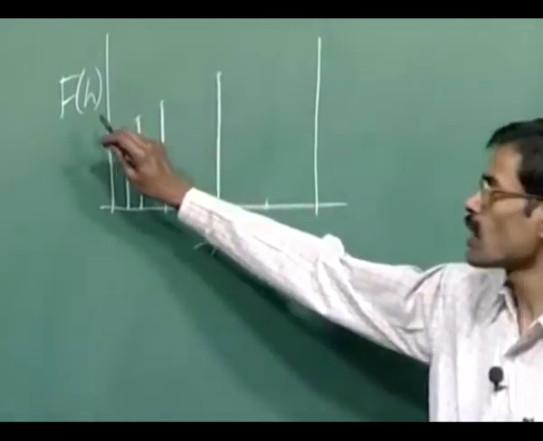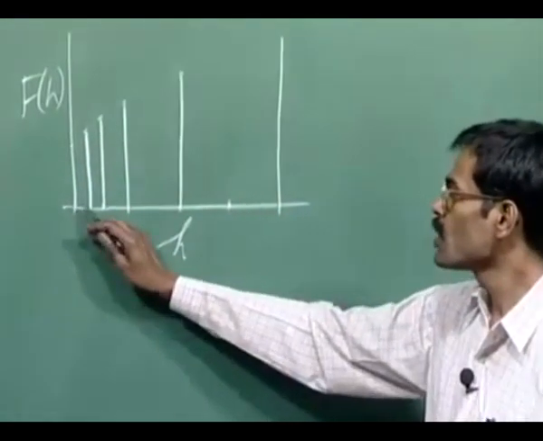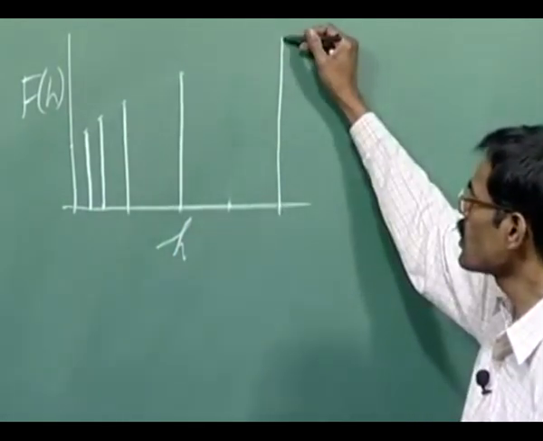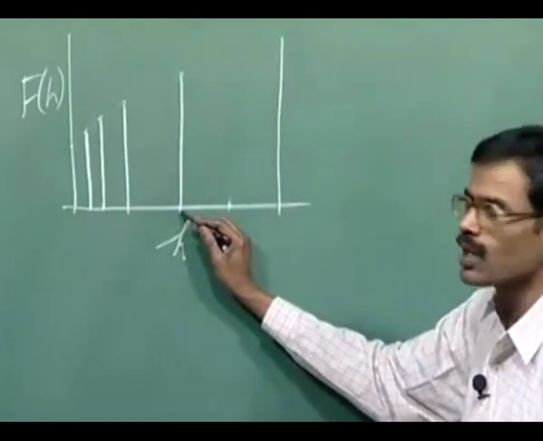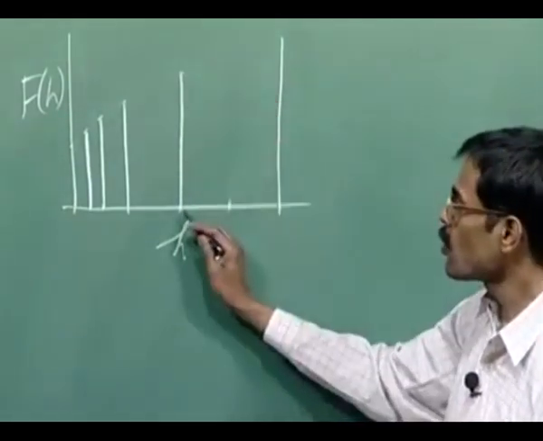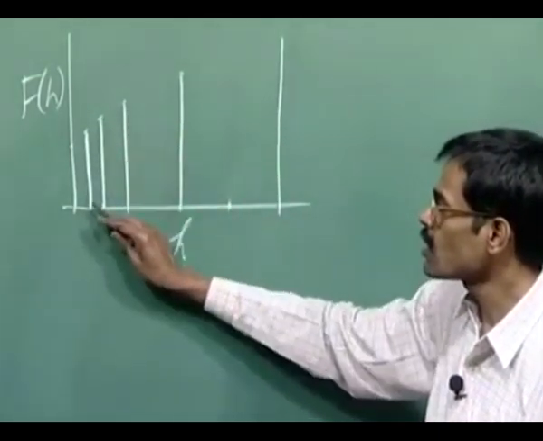For example, suppose f is a quantity which we are trying to estimate, with the computation being carried out with a step size h. With the step size h, suppose this is the value of f of h. With half the step size, this is the estimate. 1/4 size, this is the estimate. 1/8, this is the estimate. 1/16, this is the estimate.